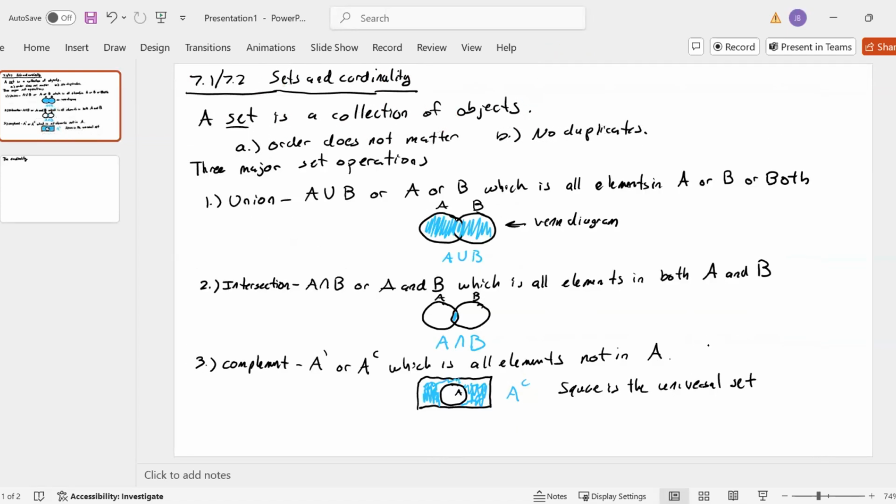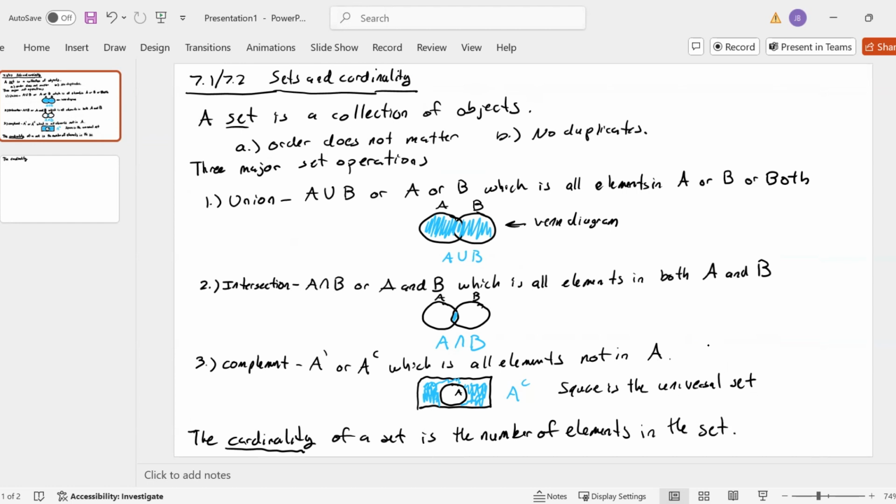The cardinality of a set is the number of elements in the set. The way we abbreviate that is n(A). That's the notation we use. You can think of the letter n as "the number of." It's kind of that literal in a way. So that's the cardinality.